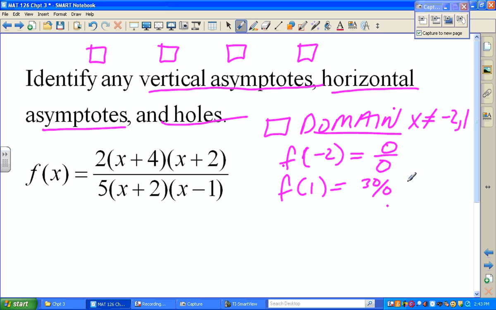All right, so that means there's going to be a vertical asymptote at x equals 1 and a hole in the graph at x equals -2.